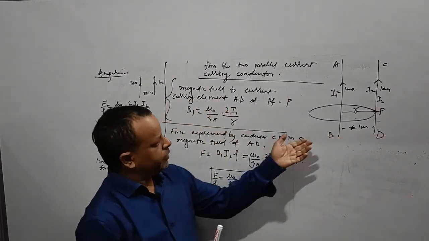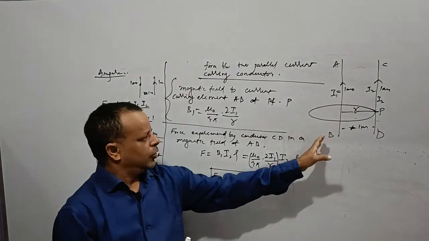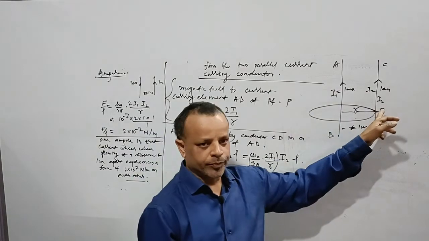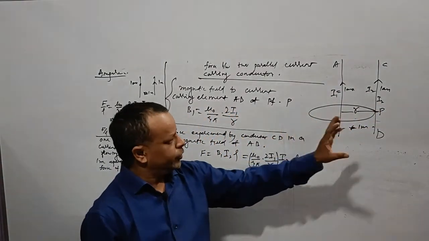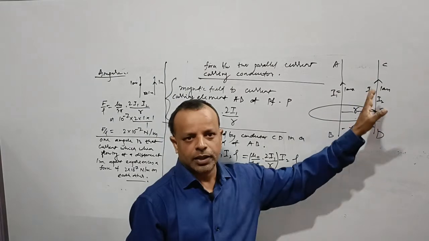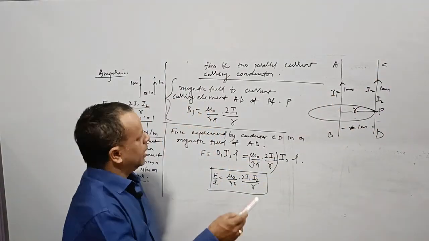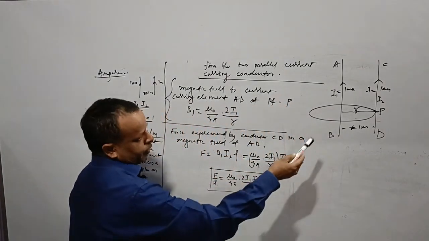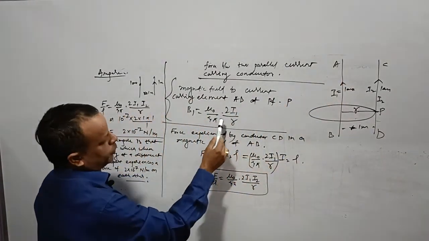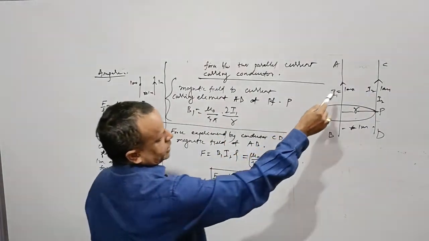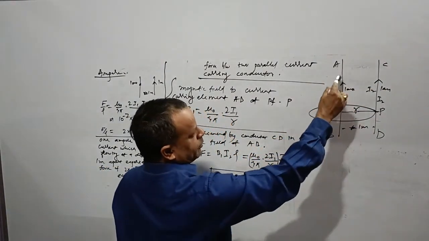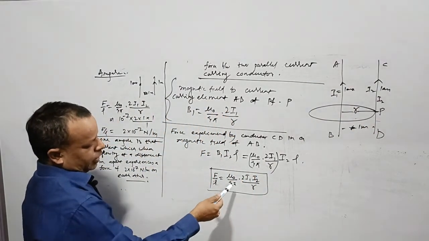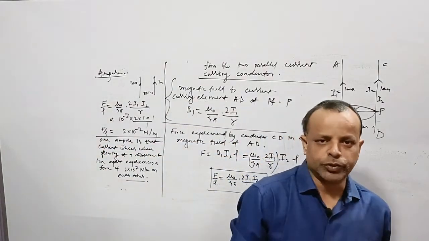Over there, this is AB, and we calculated the strength of the magnetic field produced by this conductor at point P. We already know the force experienced by a current carrying conductor in a magnetic field is B into I into L. The magnetic field due to AB is mu naught upon 4 pi into 2 I1 upon R. Since the other conductor is placed in this magnetic field, we have B1 into I2 into L, and we got mu naught upon 4 pi into 2 I1 I2 upon R.